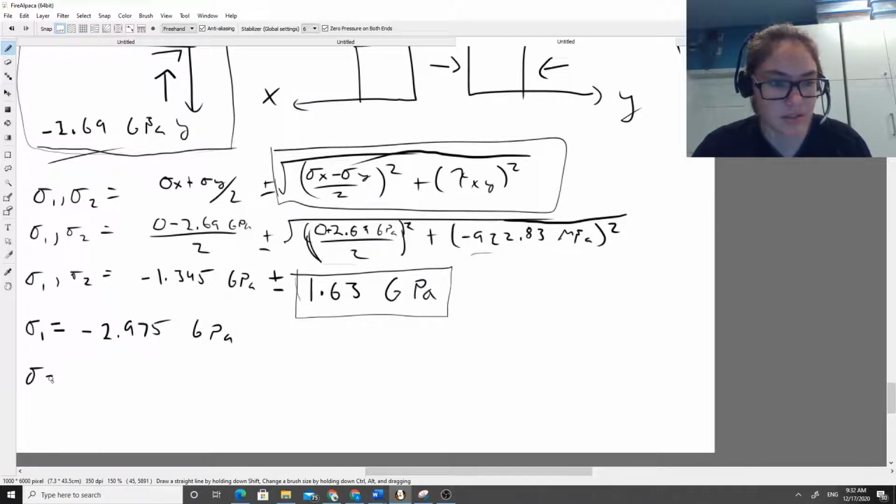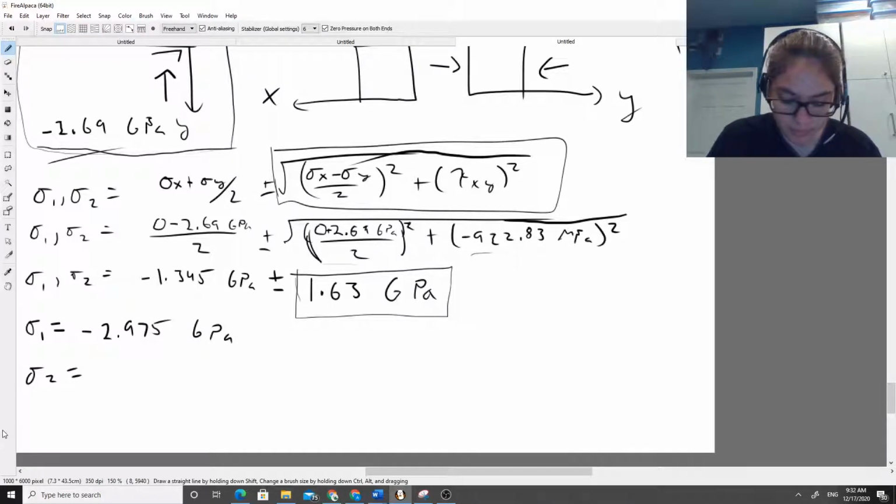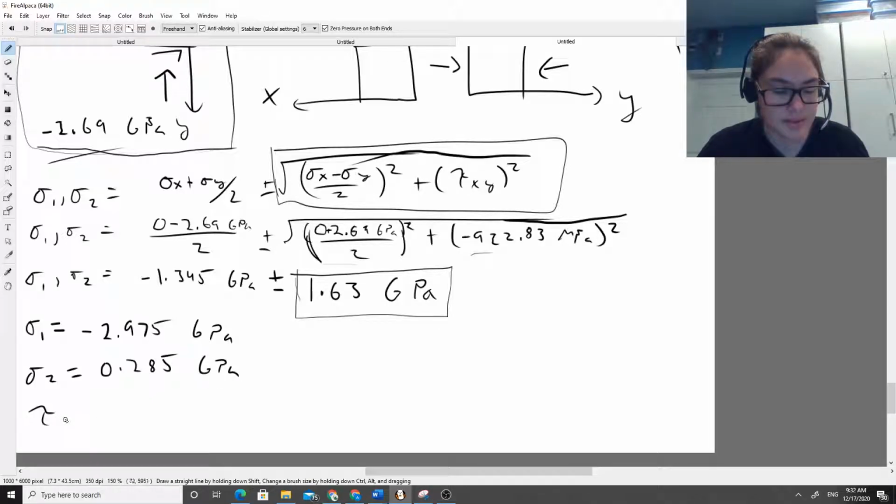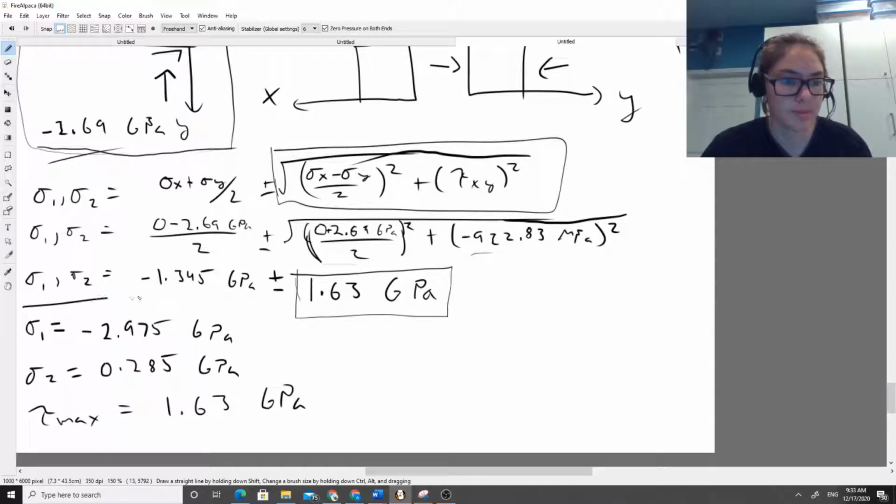Stress 2 is going to be equal to negative 1.345, we'll say plus this time, 1.63 gigapascals, which is going to be equal to actually a positive 0.285 gigapascals. And of course, our tau max is just 1.63 gigapascals. And there you go. Those are your principal stresses and your max shear stress.